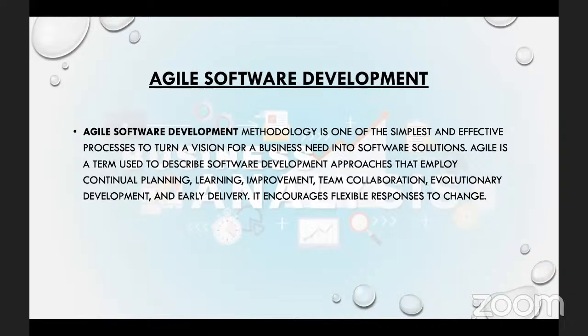Agile is a term used to describe the software development approach that employs continual planning. Take note, guys: continual planning, number one, continual learning, improvement, team collaboration, evolutionary development, and early delivery. It encourages flexible responses to change. We were talking about change not too long ago, about how we should accept change and adapt to new change from stakeholders.